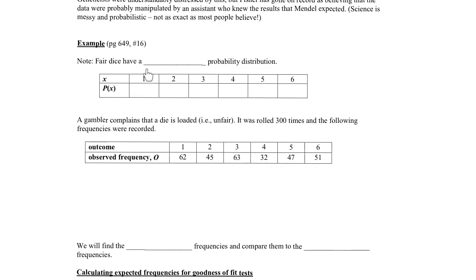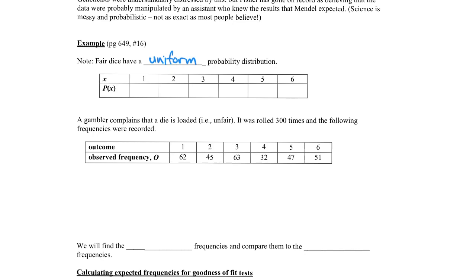And then before we get there, let's just take a look at this. So fair dice have a uniform probability distribution. So uniform distributions, I had just mentioned once or twice. We don't study them much. They're kind of boring. So sometimes they're called rectangular distributions.